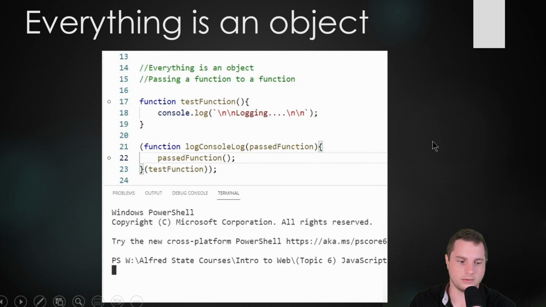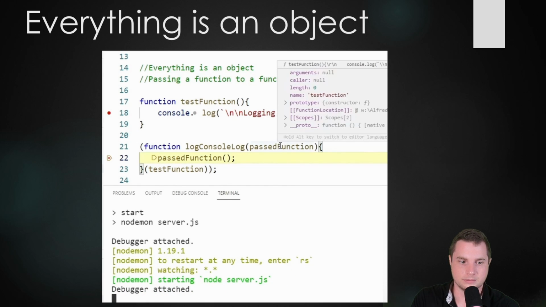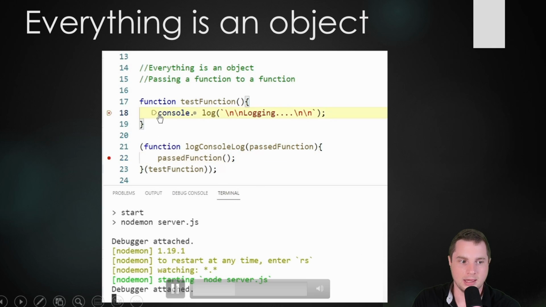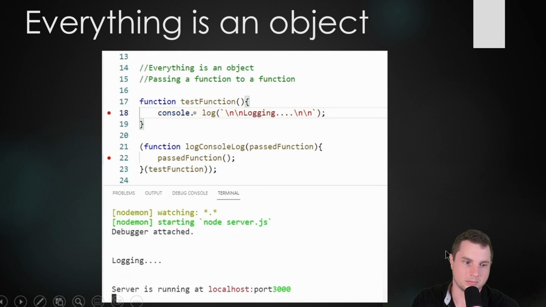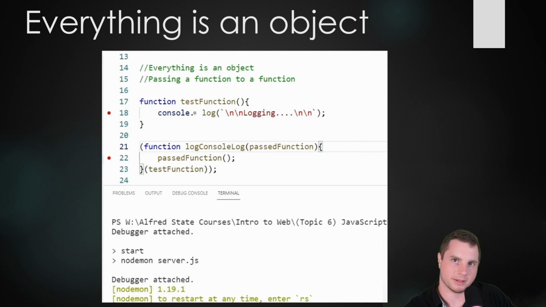Okay, so if I click play here, all right, passed function. Okay, so we're hitting this function first down here, and then we're going to run this logging. Okay, so not only is this, well, technically not asynchronous, but you're literally passing a function. So you can't do this in your typically object-oriented programming languages like a Java or a C#.